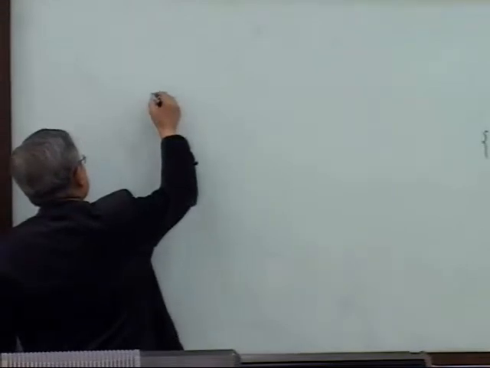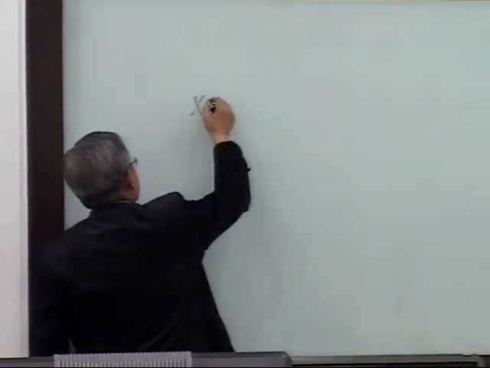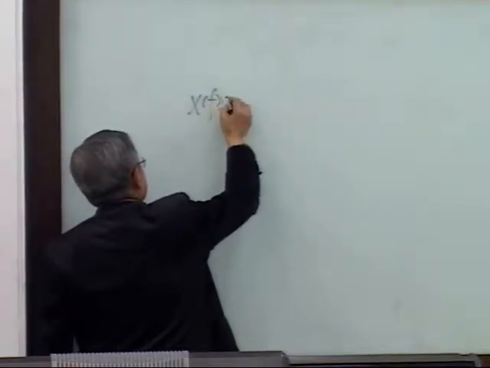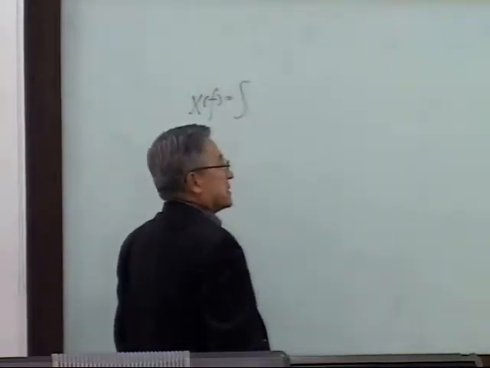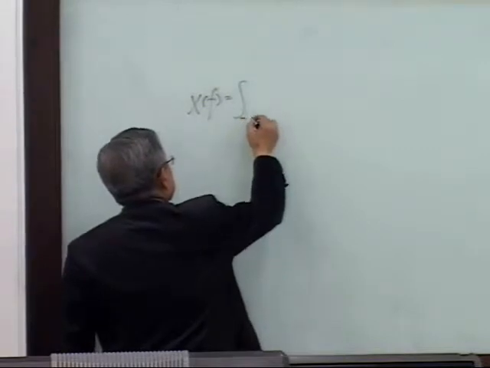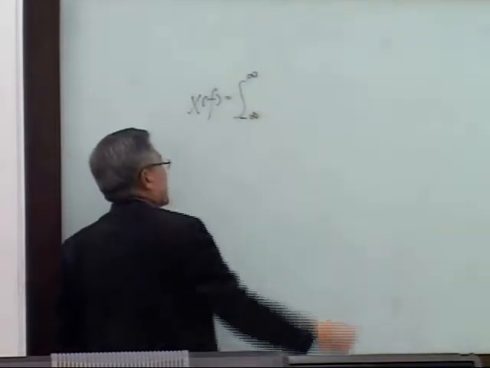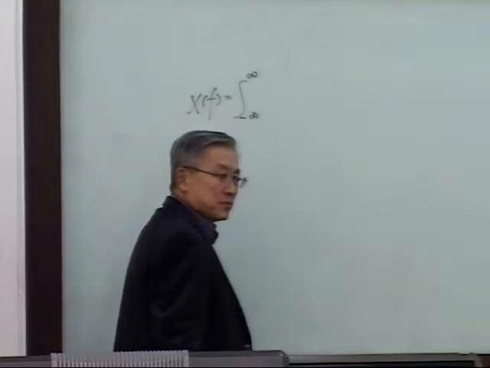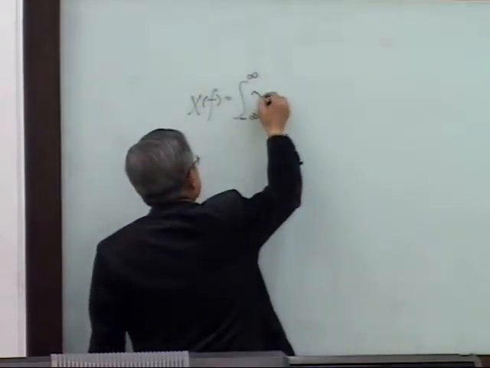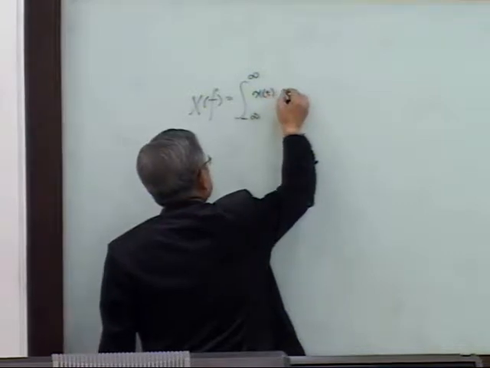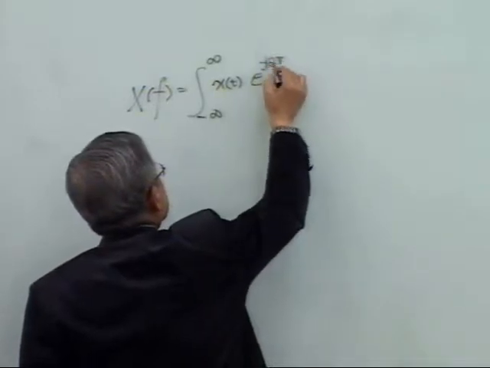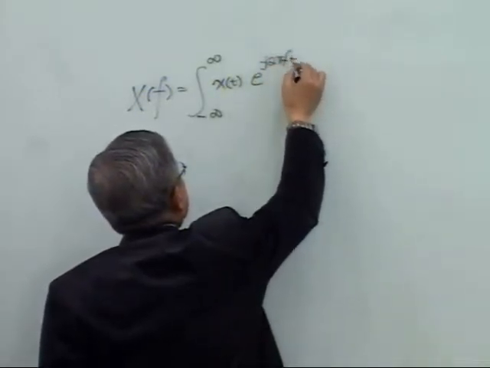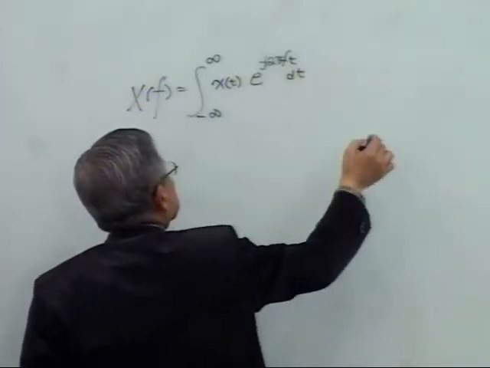So this is the beginning of chapter 4, but before I talk about the inside story, theoretically this goes from minus infinity to infinity: the integral of x(t) e to the minus j 2 pi f t dt.